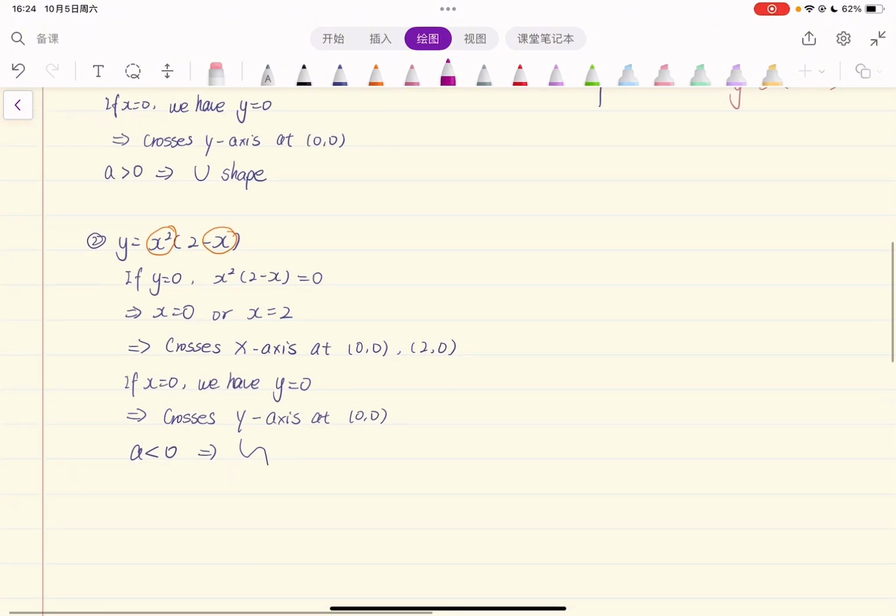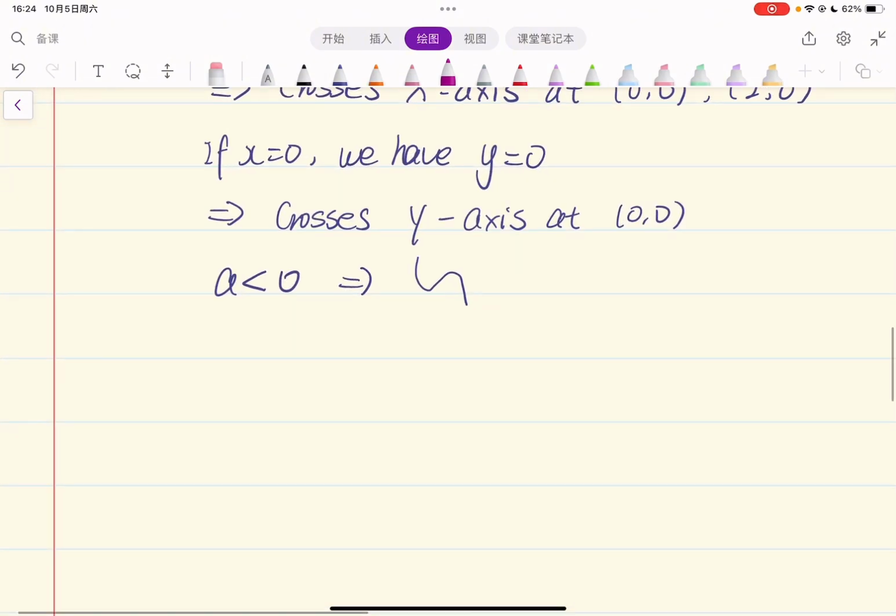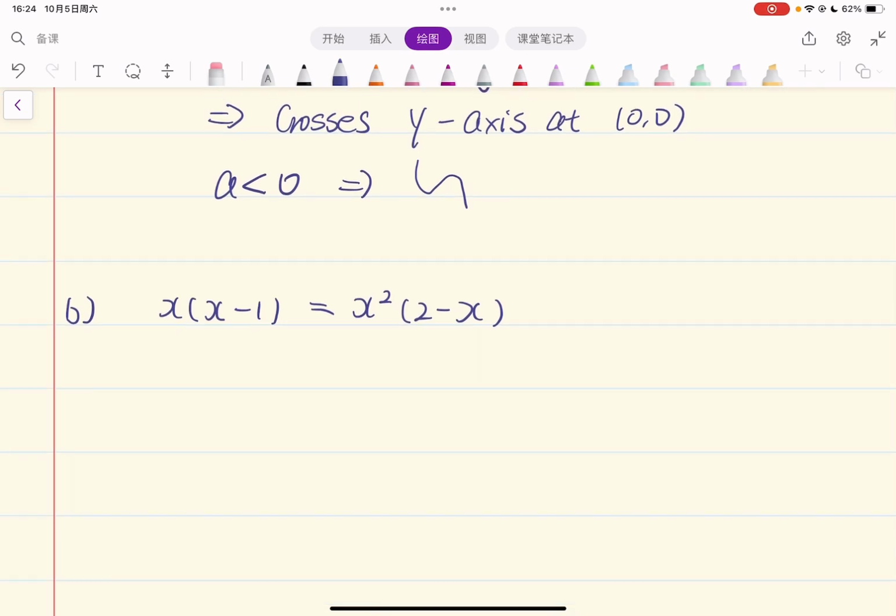Now what we need to do is solve the equation x times (x minus 1) equals x squared times (2 minus x) to find the intersection points. So we can expand the functions on both sides. What we get is x squared minus x equals 2x squared minus x cubed.